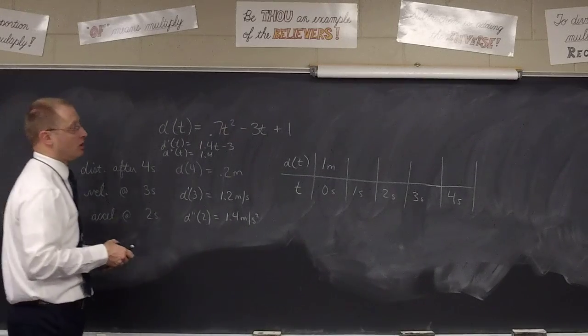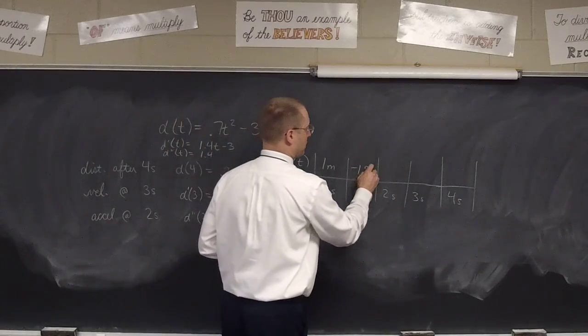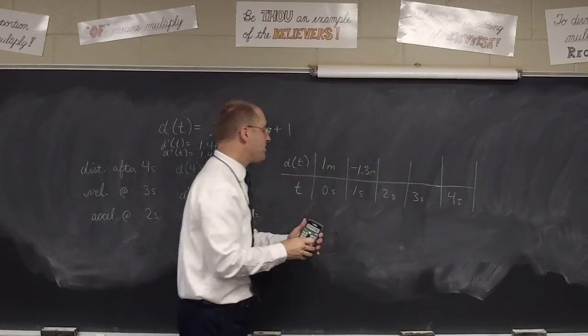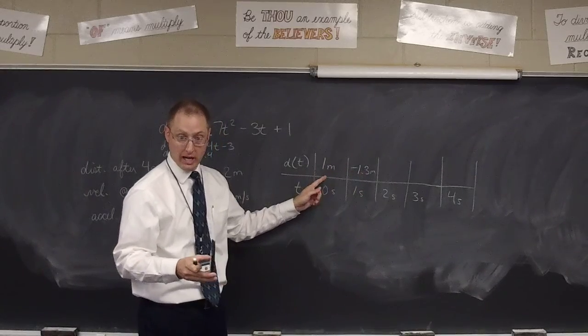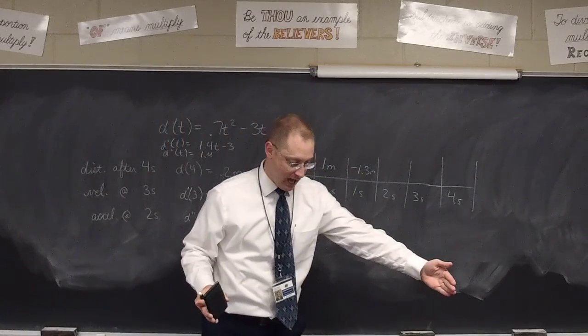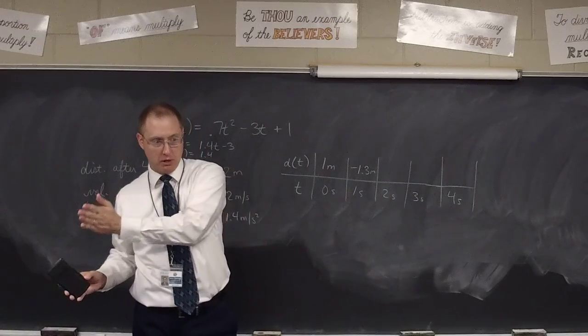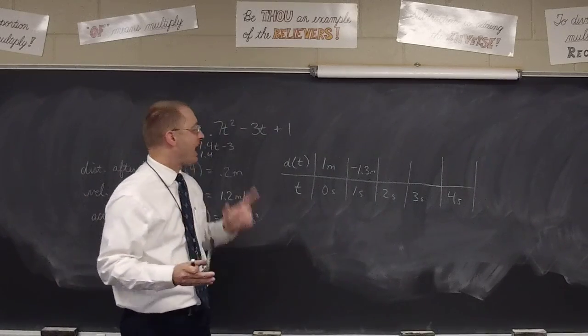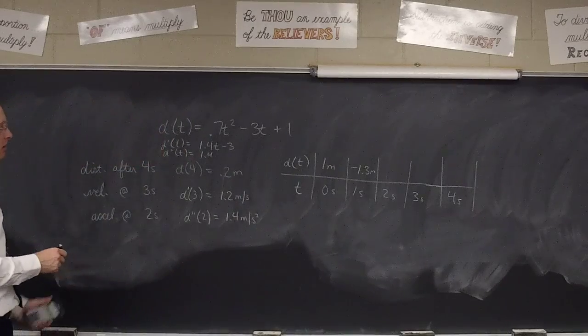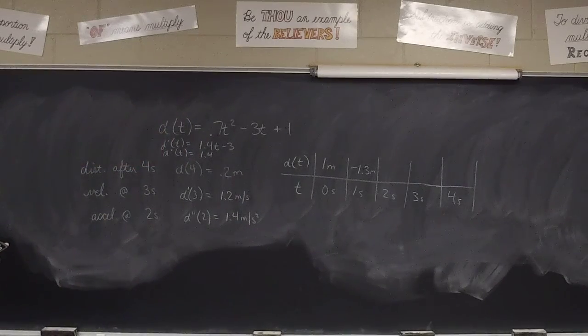Negative 1.3. I'm getting a negative 1.3 meters also. So notice, in that first second, it's actually gone backwards 2.3 meters total, right? It was a meter ahead, and it moves all the way back to 1.3 meters behind whatever starting position we have. So it takes a big movement backwards. At 2 seconds, negative 8.2. Really?